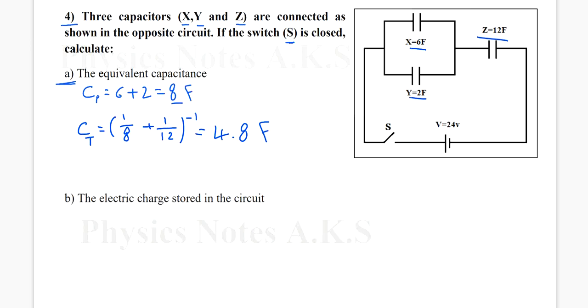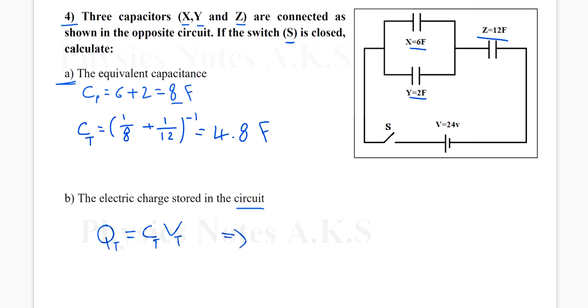Now, they want the electric charge stored in the circuit. The charge, I know it is Q equals CV. Since they want the charge in the circuit, it is Q total, so I'm going to use the C total and the V of the battery, let's call it also V total.